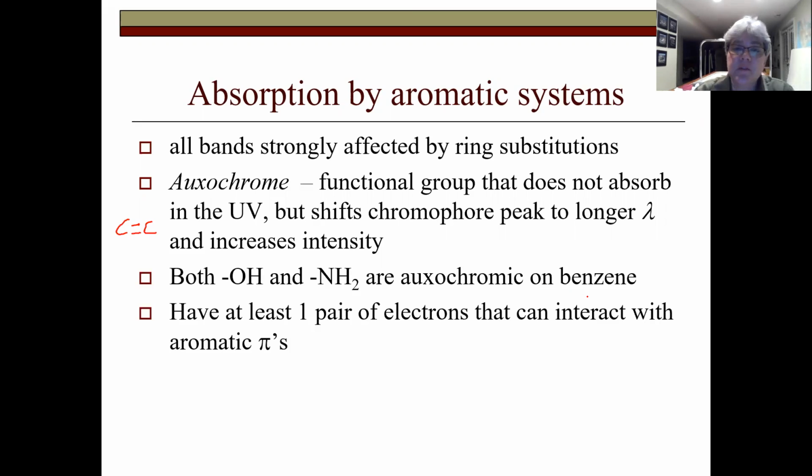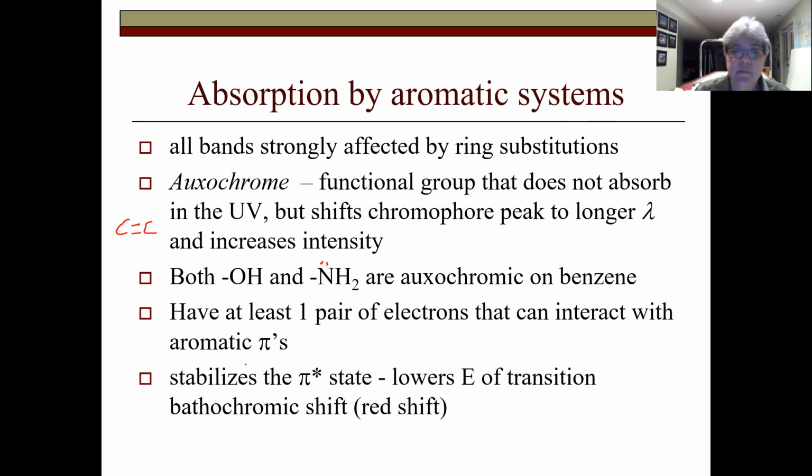And the reason they do that is because both of these have at least 1 lone pair of electrons. So nitrogen has its lone pair, oxygen has a couple lone pairs, and these lone pairs can interact with the pi electrons, and it lowers the energy of the pi star state. So you're going to wind up with a red shift.